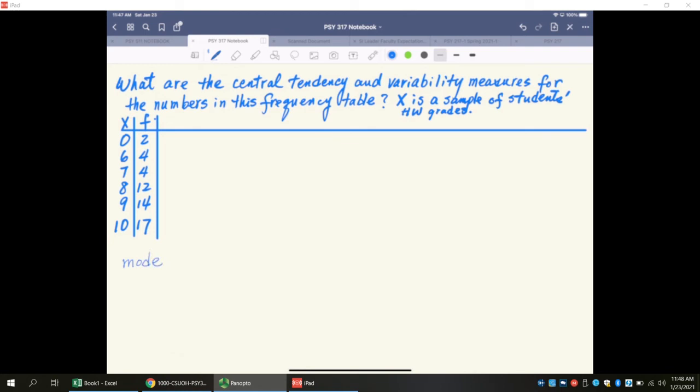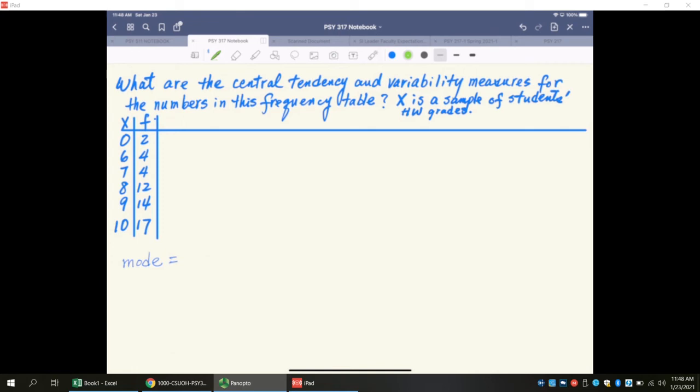So take a look at the frequency. I'm going to use a different color so you can see exactly what I was doing. Here are the individual frequency values, and the highest is 17.